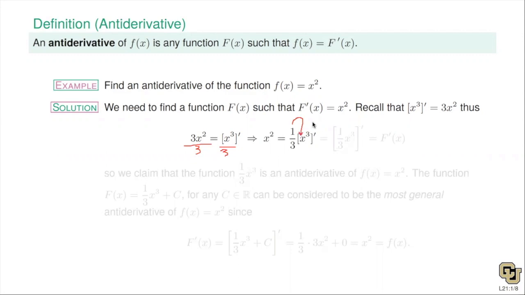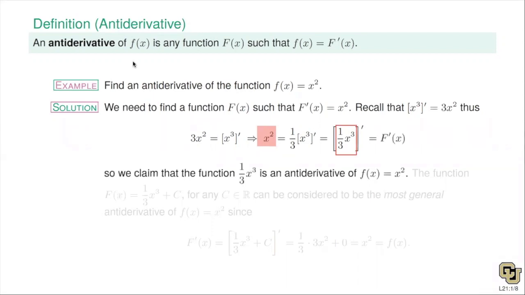We know that the derivative of a constant times a function is the same as the constant times the derivative of the function. So here I bring the 1/3 in, and now we notice that we're able to write x squared as the derivative of this function 1/3 x cubed. And so 1/3 x cubed, we claim, is an antiderivative of x squared.